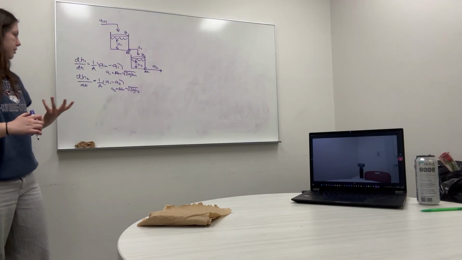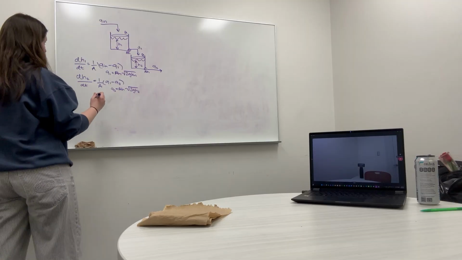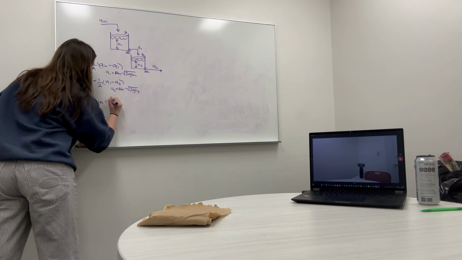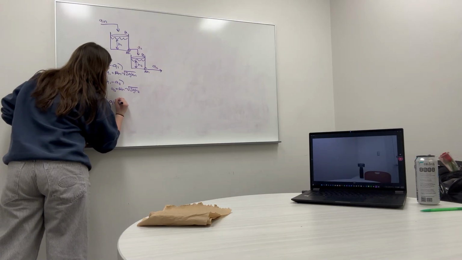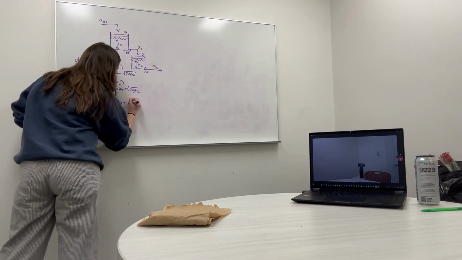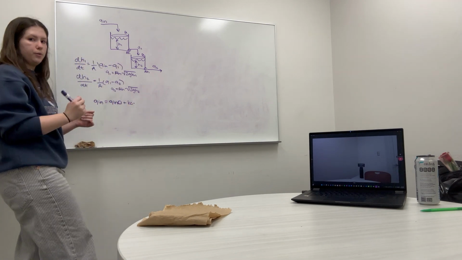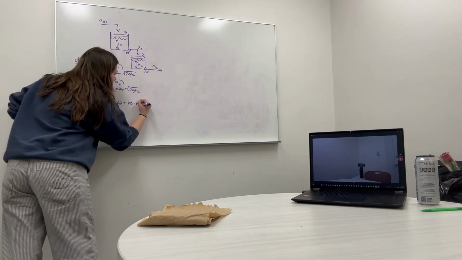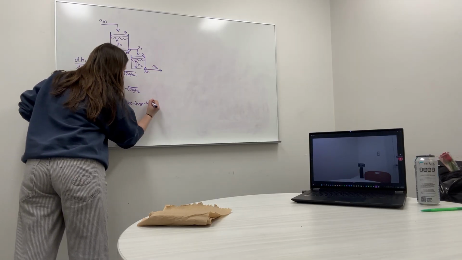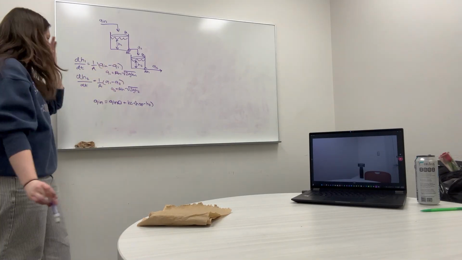And so with the use of our proportional only controller, we defined our flow rate in to be equal to Q in naught, what we set the rate as, plus Kc times our error, which we defined as the set point height minus H2, the height of the tank liquid level that we are trying to control.